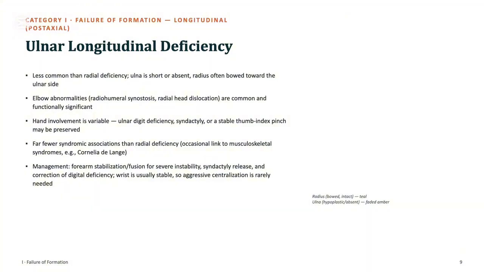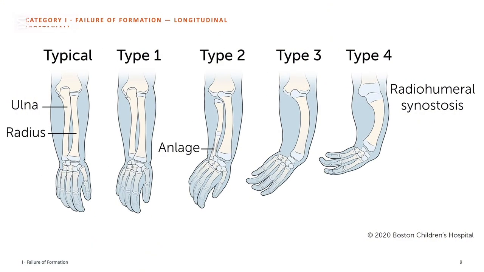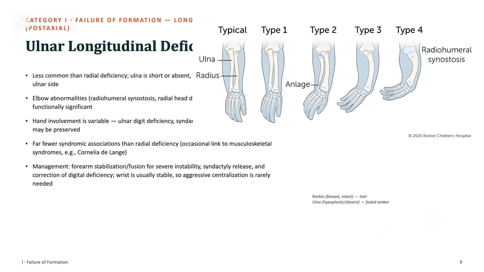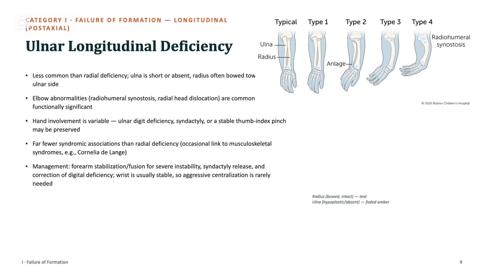We will find that there is sometimes absent joint or fused bone. And according to the classification, you will find the deformity. The management has the same idea as radial deficiency, but the common association is with syndromes.